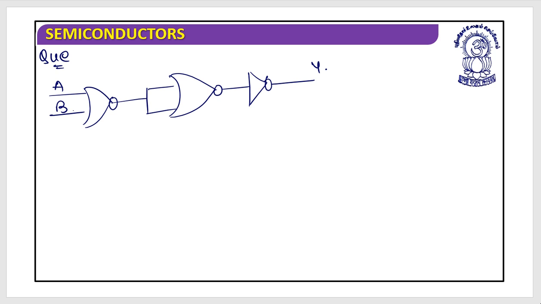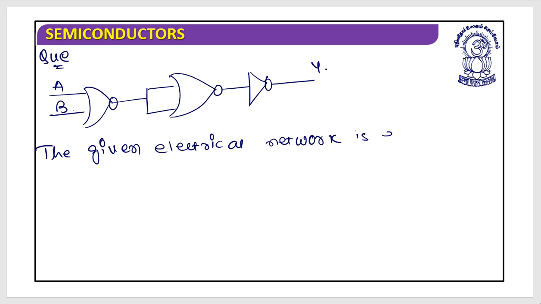This is A, this is B, and this is Y. It said that the given electrical network is equivalent to which gate? So they have asked that the given electrical network is equivalent to which gate.